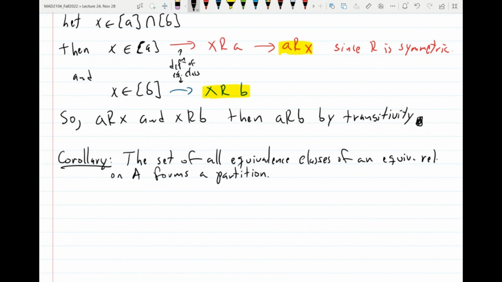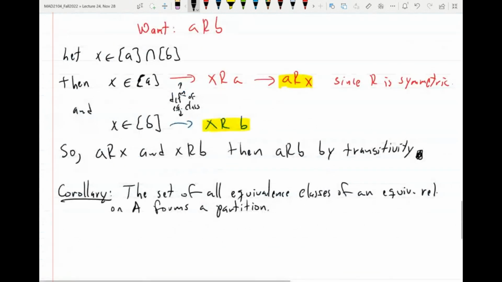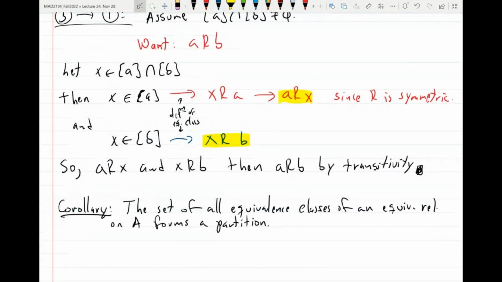And the justification follows immediately from the above theorem. So that's one way of partitioning a set: putting an equivalence relation on it and then looking at the set of equivalence classes.